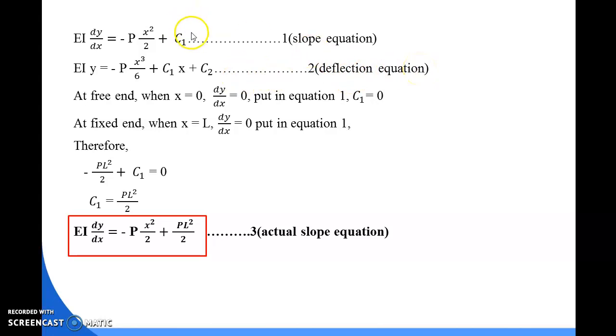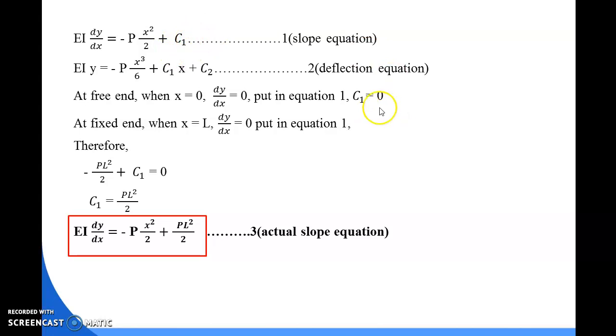Now we have to find the constants C1 and C2 by applying conditions. At the free end, when x equals 0, dy by dx equals 0. Putting this in equation 1, we get C1 as 0.